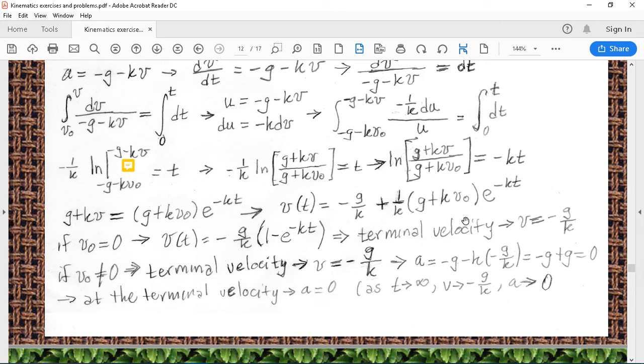In which case, if I make v sub 0 equal to 0, these two terms cancel out. Another way of looking at it is making v sub 0 directly equal to 0, which leaves me with this expression here, which would be the general term v of t equals minus g over k times 1 minus e to the minus kt, or exponential of minus kt.